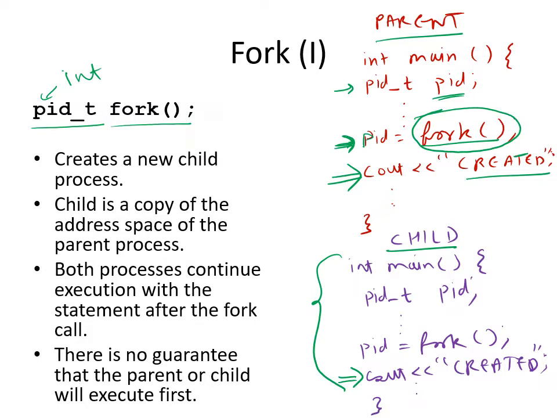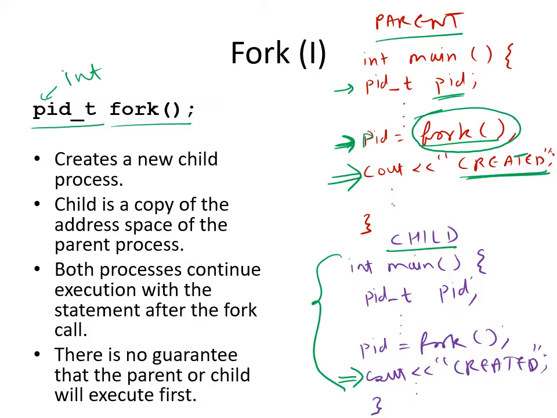Immediately after the child is created, whether the parent gets to execute next or the child gets to execute next is determined solely by the CPU scheduling algorithm or the CPU scheduler. We cannot make any assumptions about that. So we don't know whether the "created" that we'll see on the screen would be coming first from the parent or first from the child.